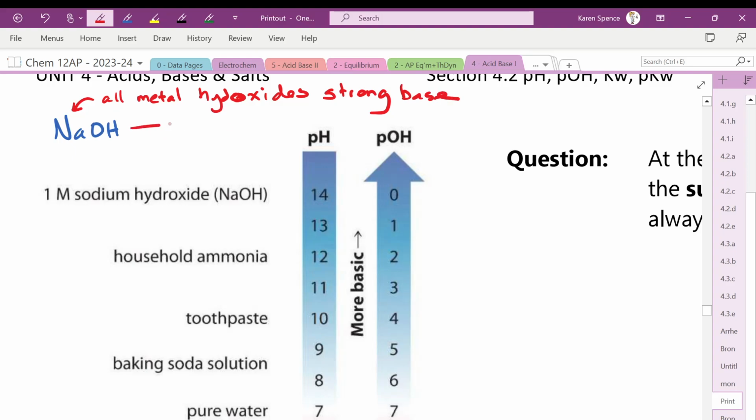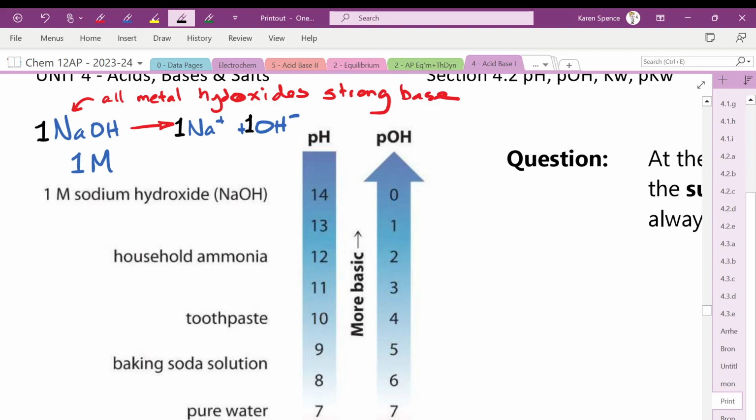So what we can say is that's going to dissociate completely, and who are the products of that dissociation? Sodium ion and hydroxide ion. Now, if we have said that our concentration of NaOH is 1 molar, then what will the concentration of sodium ion be? We have a 1 to 1 to 1 ratio, yes?